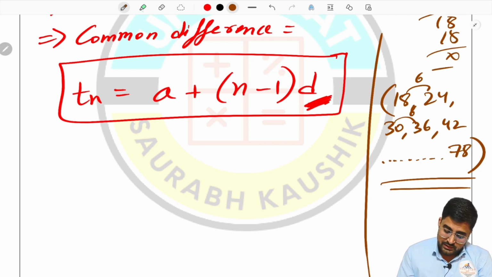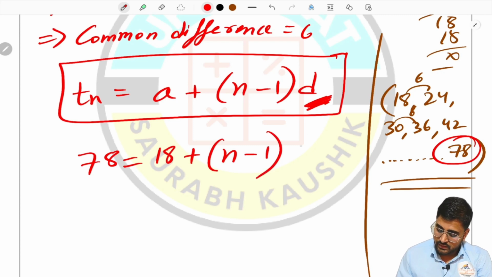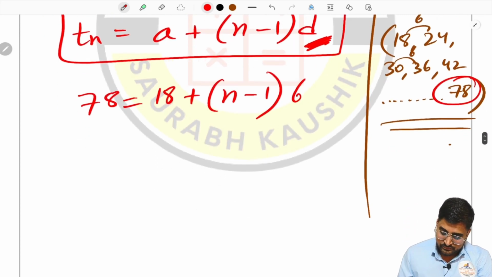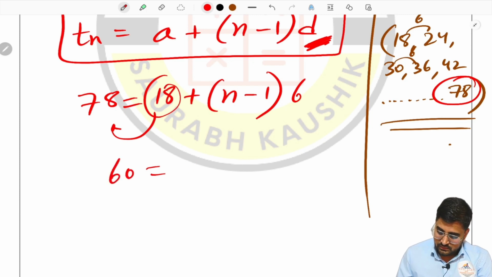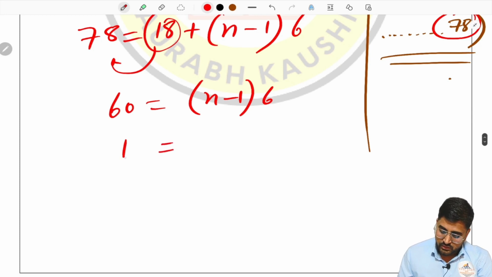So let's put in the values. Tn is 78, a is the first term, it is 18, we have to find n itself, and the difference is 6. Now let's take it here, it becomes 60. Now the equation is like this, now it becomes 10.